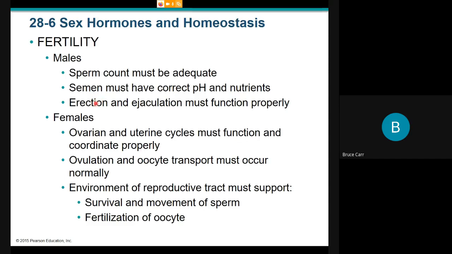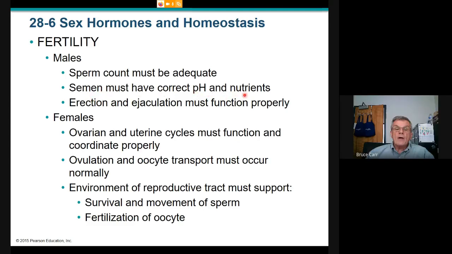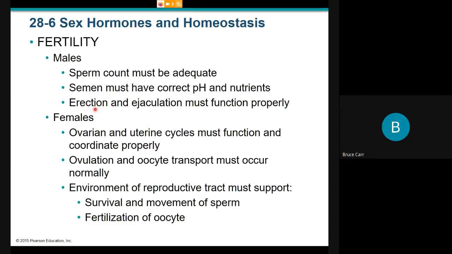Sperm motility and sperm survival. The semen has to be the correct pH, has to have a load of nutrients, and for the male to perform, erection and ejaculation must be coordinated with his activity with the female.